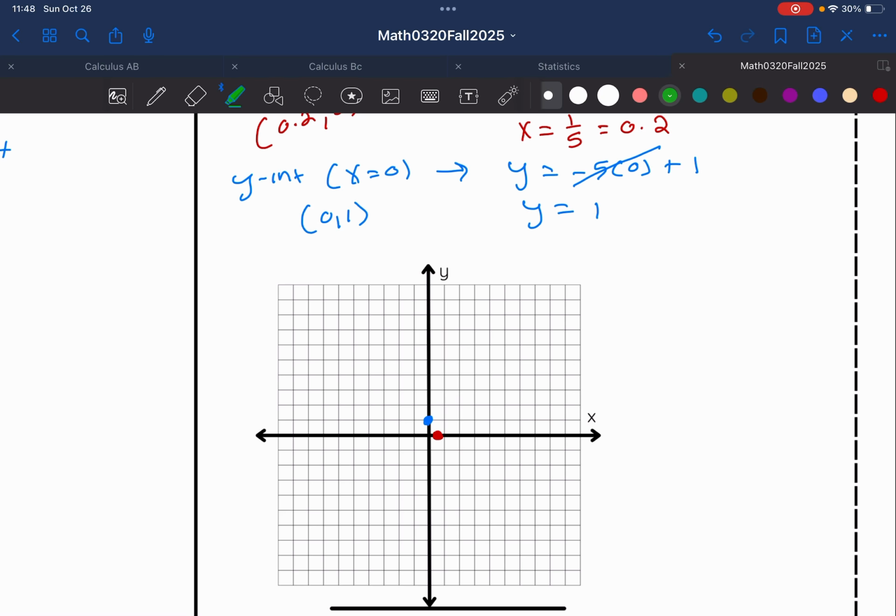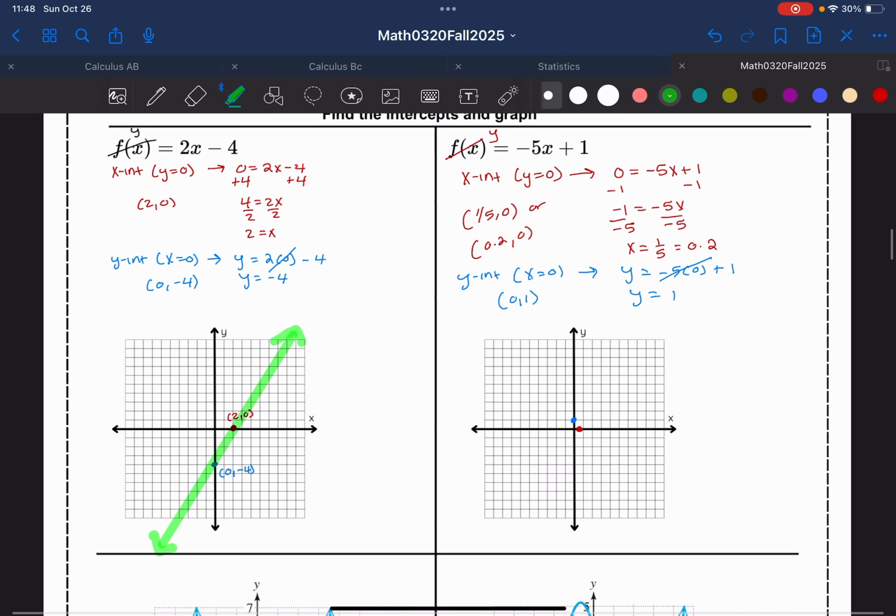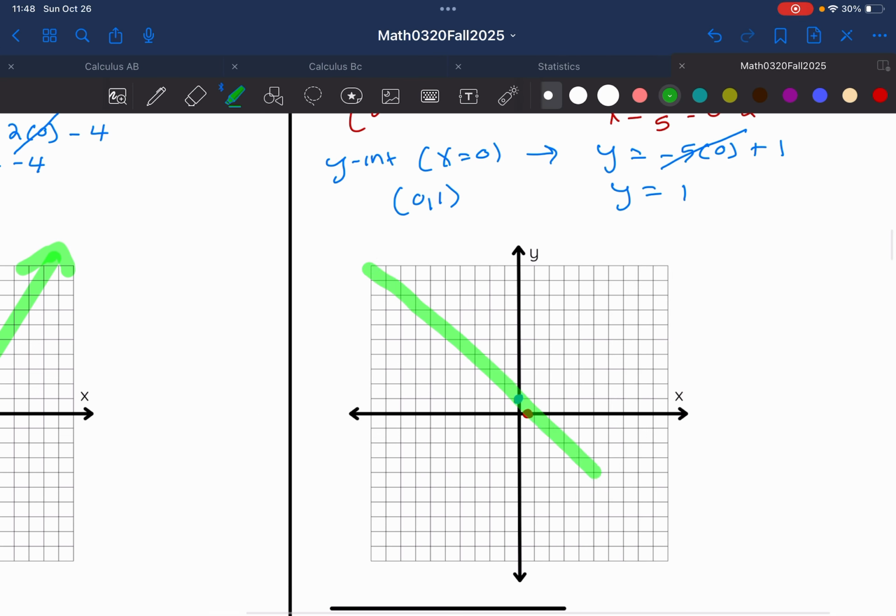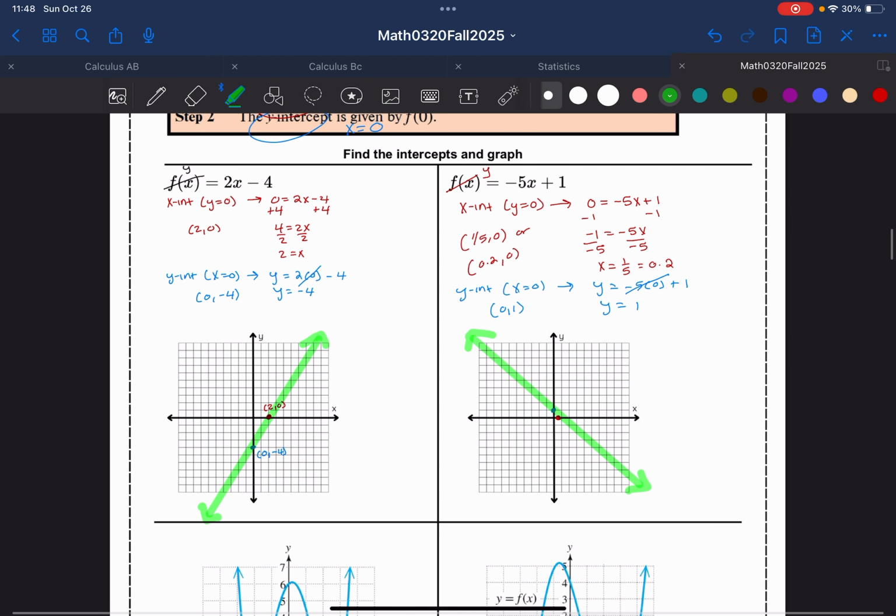Okay, I'm going to connect those 2 dots. There we go. Do my arrows on both ends. And then there's my graph.